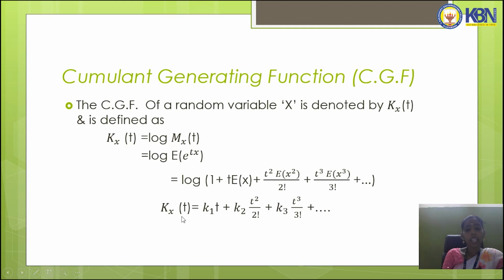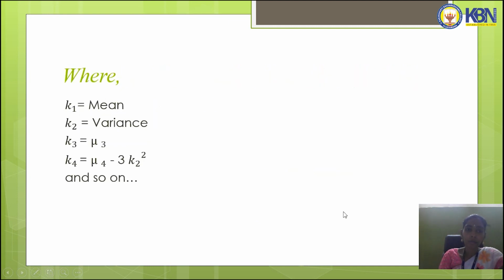So K_X(t) is equal to k1 t plus k2 t square by 2 factorial plus k3 t cube by 3 factorial and so on, where k1 means mean and k2 is the variance and k3 is known as mu3 and k4 equals mu4 minus 3 k2 square. We can find the moments by using these formulas.